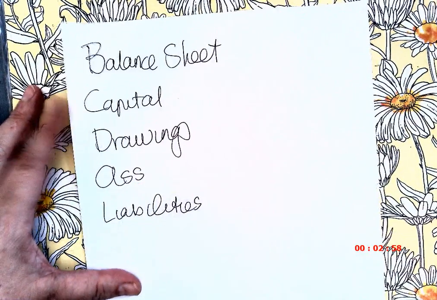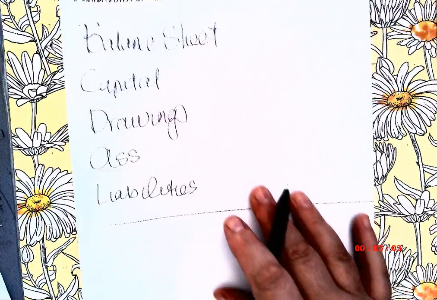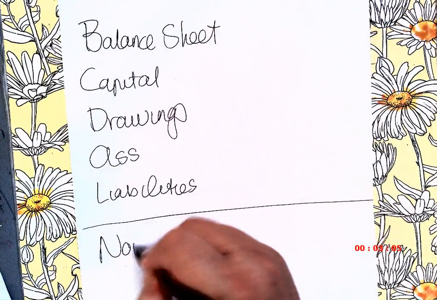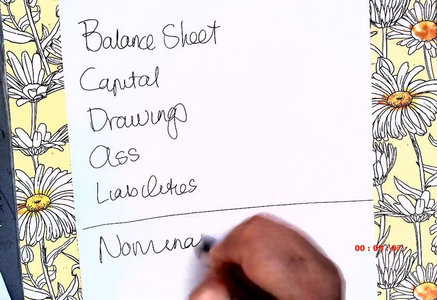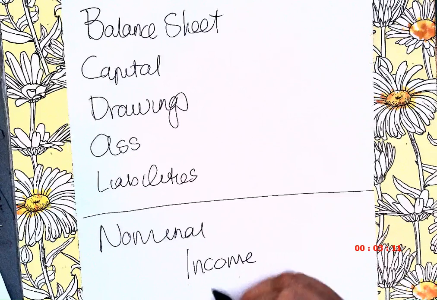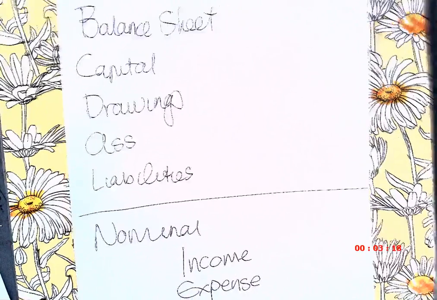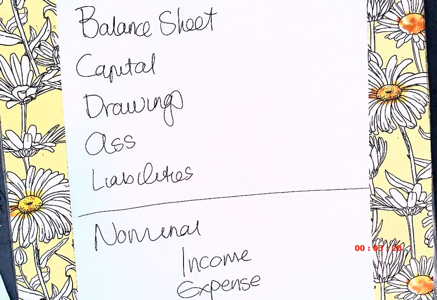Your nominal section is going to be your income and expenses. And if I say income less expense, what do I get?